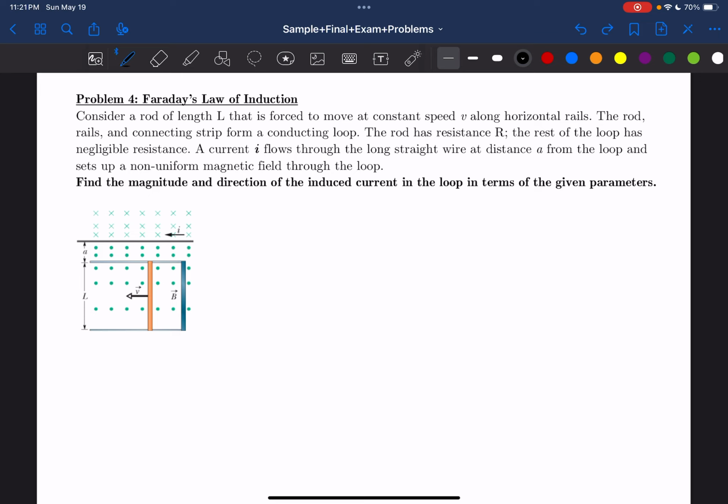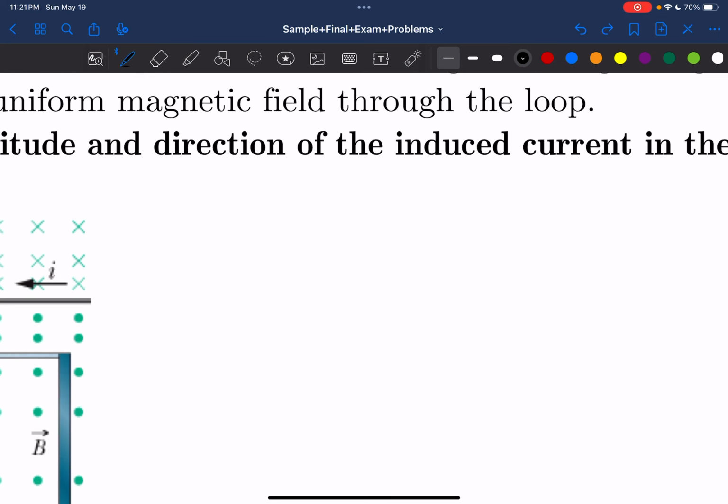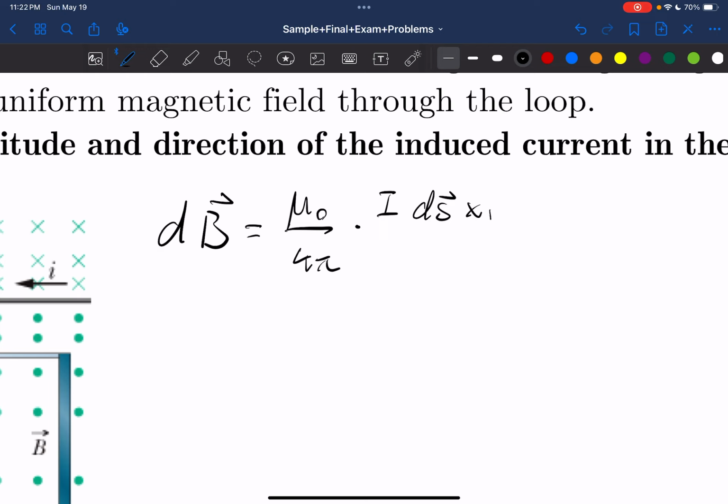Well, the first thing we can do is set up the equations that we need. The thing we're going to need is first the derivation of the Biot-Savart law. Now, the Biot-Savart law states that dB equals mu naught over 4 pi times I ds cross r-hat over r squared.